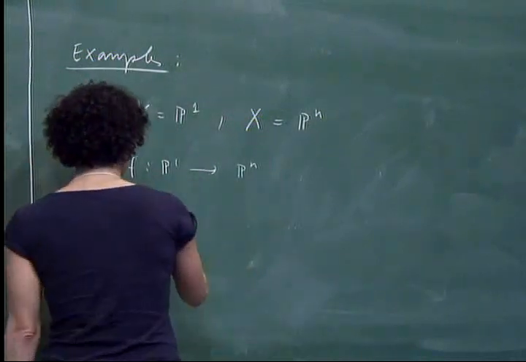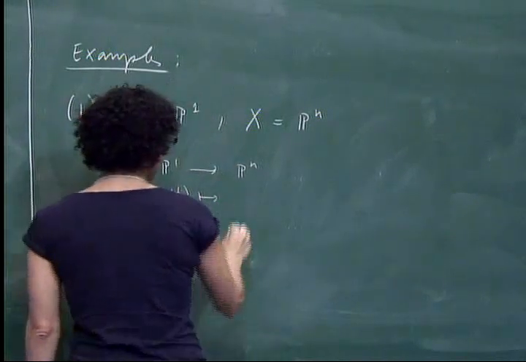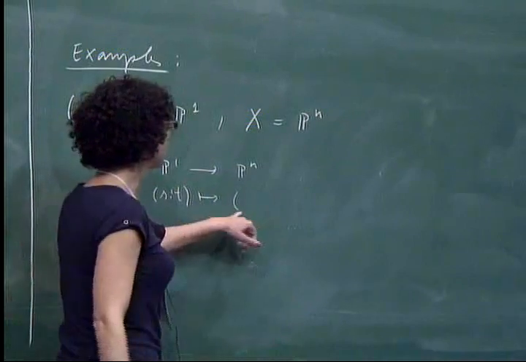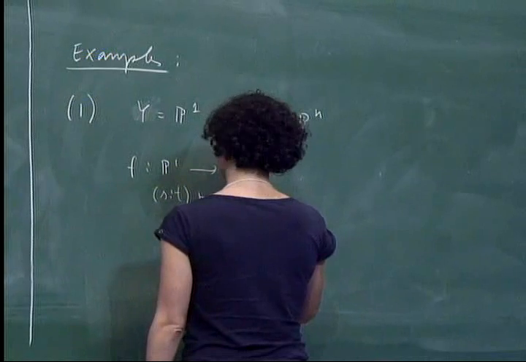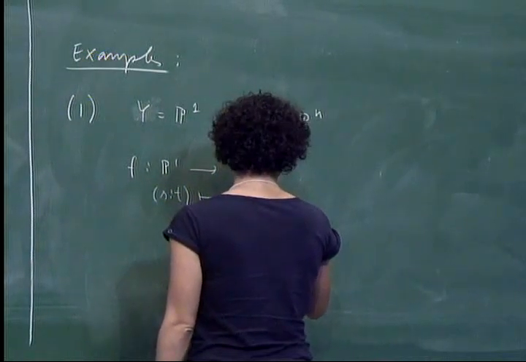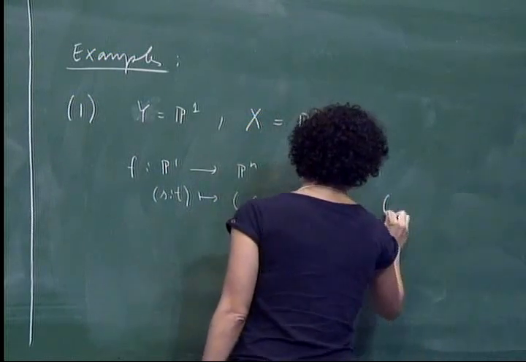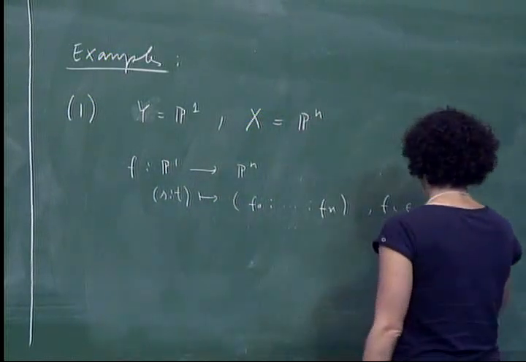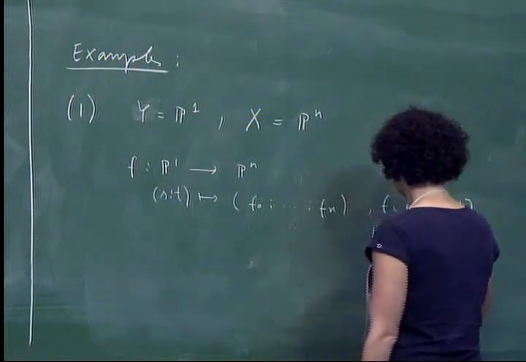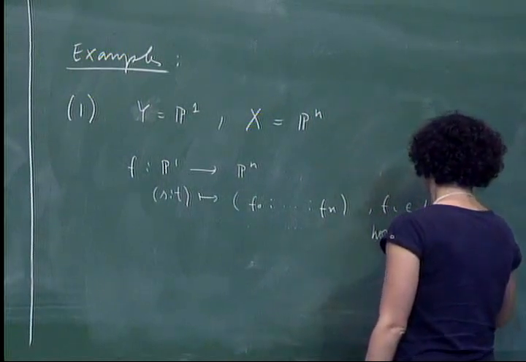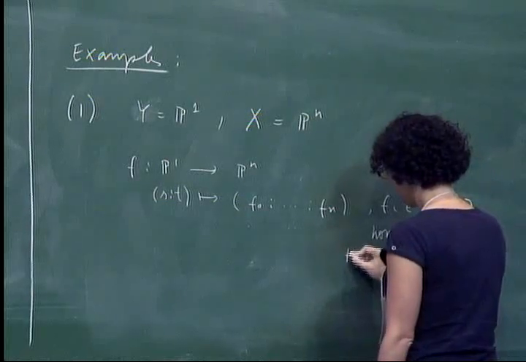Well, that means that I have to choose, if I call the coordinates s, t, n plus 1 homogeneous polynomials of the same degree, f_0 through f_n.